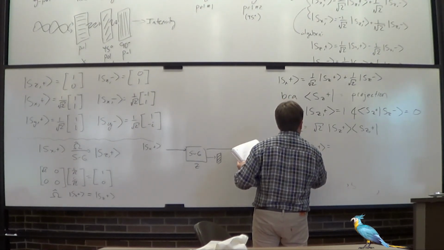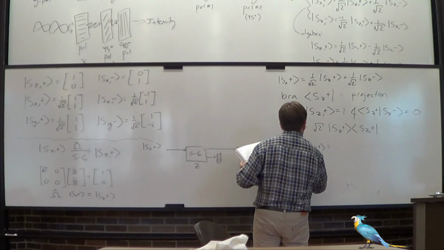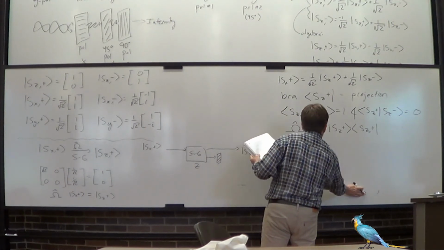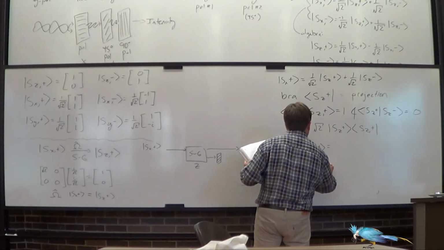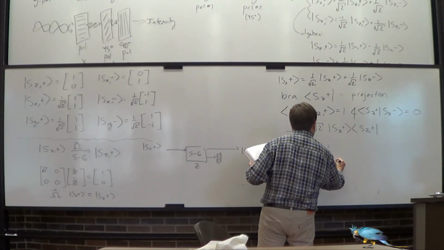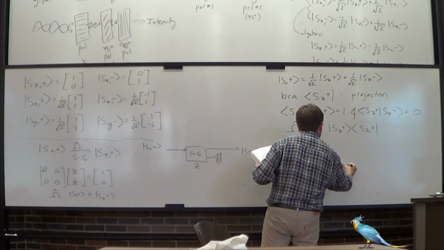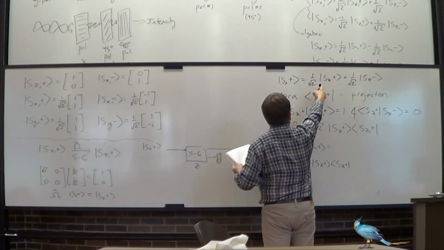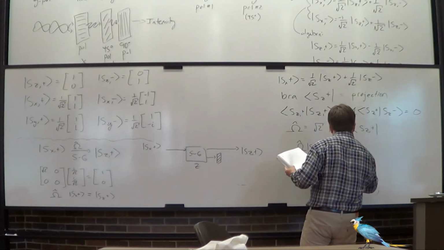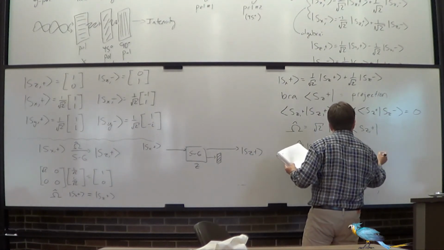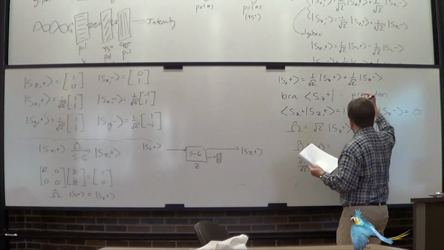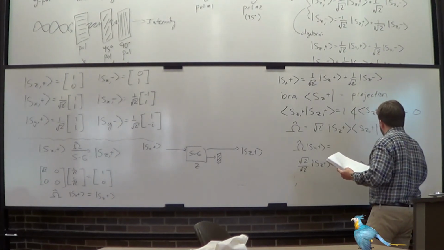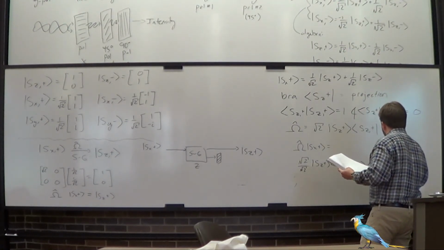what you end up with is square root of 2 over square root of 2, Sz plus, Sz plus, Sz plus. Now I do the same operation on this term, plus square root of 2 over 2.